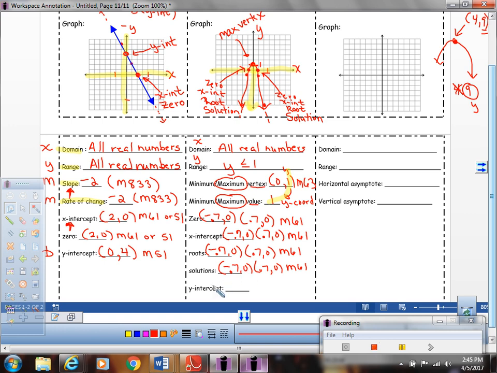Now what about y-intercept? It's where it crosses the y, and it actually happens to be the maximum vertex. It's not always the same, but on this graph here, it happens to be the same point as the maximum vertex. But don't think it's the same thing, please, not on that one. So this one is 0, 1.